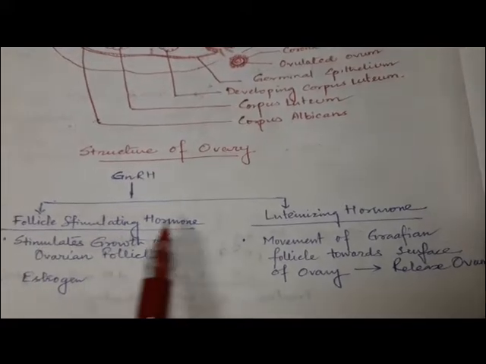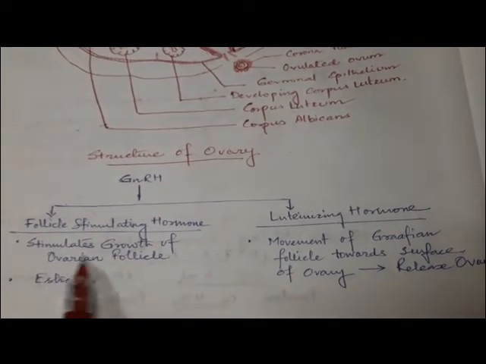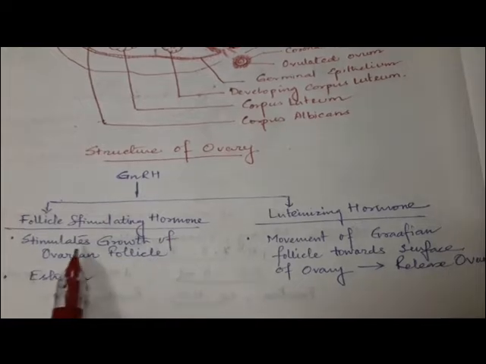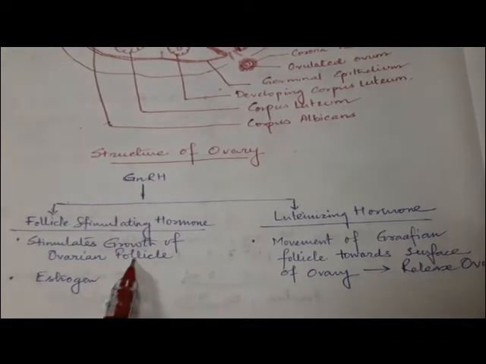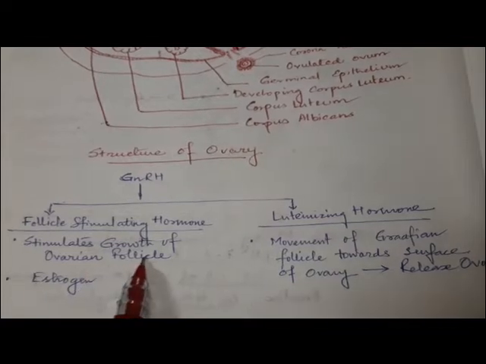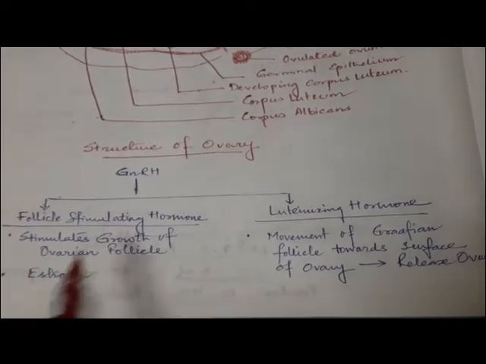Now, follicle stimulating hormone stimulates ovarian follicle growth, right? So as the ovarian follicle keeps on growing, ultimately the growth leads to the formation of the Graafian follicle. The Graafian follicle releases estrogen.